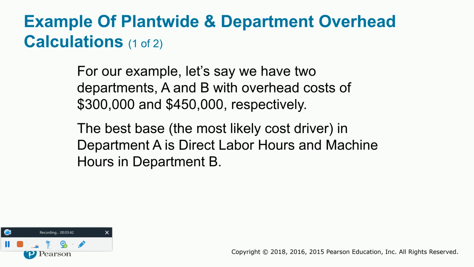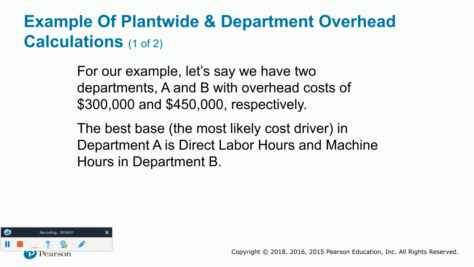And so here's an example just to give you a refresher of what we learned earlier in the semester. Let's say we have two departments, Department A and Department B. Department A has $300,000 in overhead costs. Department B has $450,000 in overhead costs.